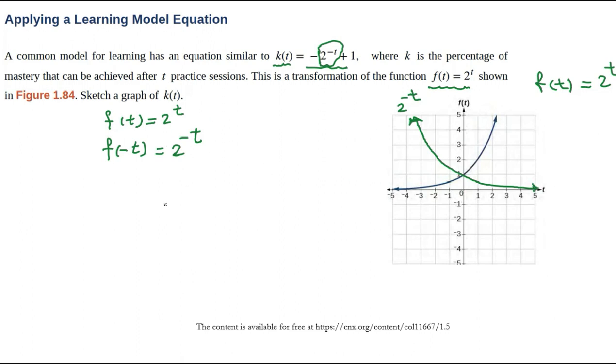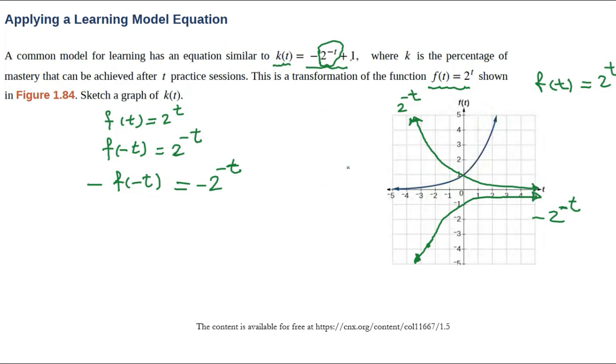Then minus f minus t is equal to minus 2 to negative t. Reflection across t-axis. So t doesn't change, but y changes. So this one is minus 2 to minus t.